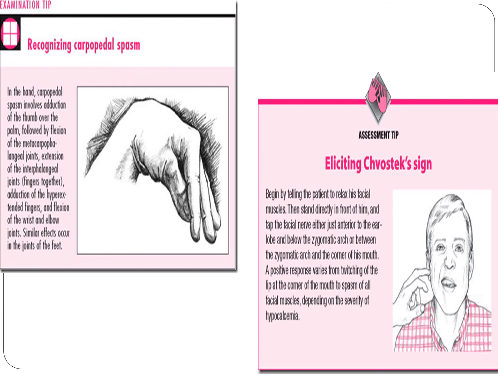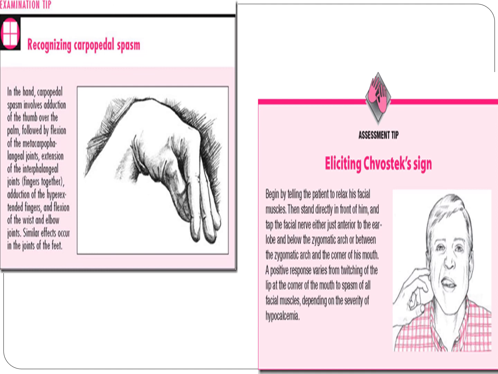The carpal spasm involves adduction of the thumb over the palm, followed by flexion of the metacarpophalangeal joints and extension of the interphalangeal joints, with the fingers adducted together, hyperextended fingers, and flexion of the wrist and elbow joints. A similar effect occurs on the joints of the feet. This is called carpal spasm. This is called the Trousseau sign.